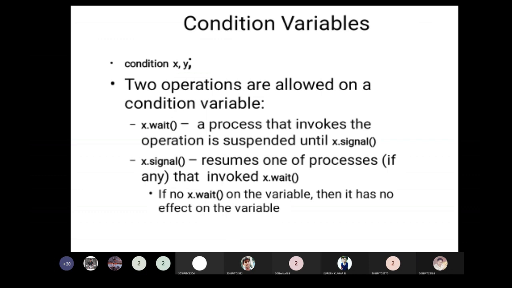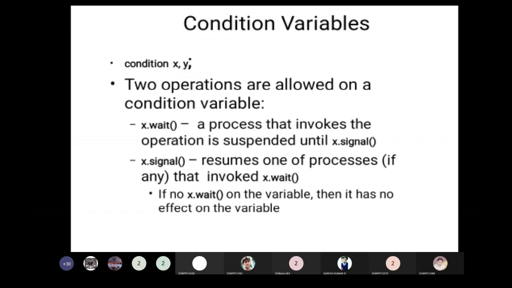So condition variables with signal and wait operations are used here. X dot wait: a process that invokes the operation is suspended until X dot signal. Whichever process executes wait will be suspended until another process executes the signal operation.